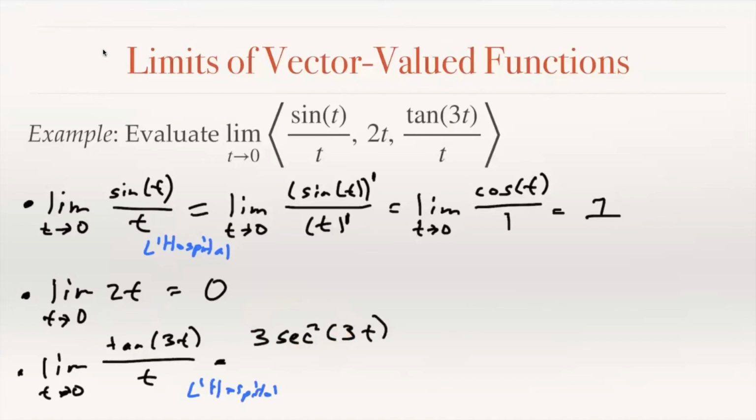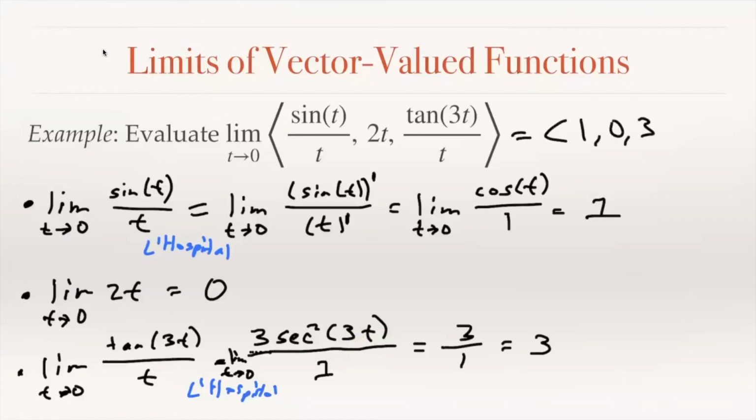Since derivative of 3t is 3 over 1, when we're taking the limit of that. And secant is 1 over cosine, and cosine of 0 is 1. So we have 3 over 1 is 3. So the limits component-wise yield 1, 0, 3.